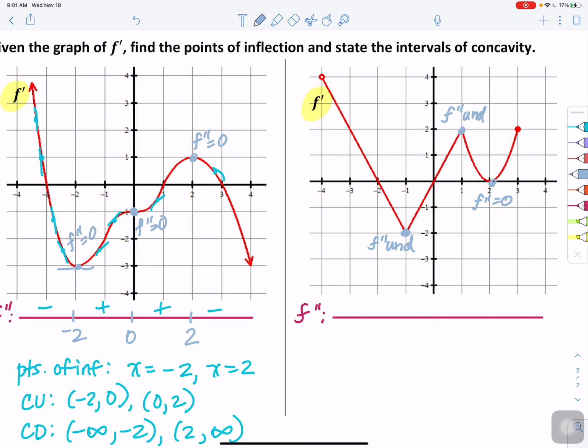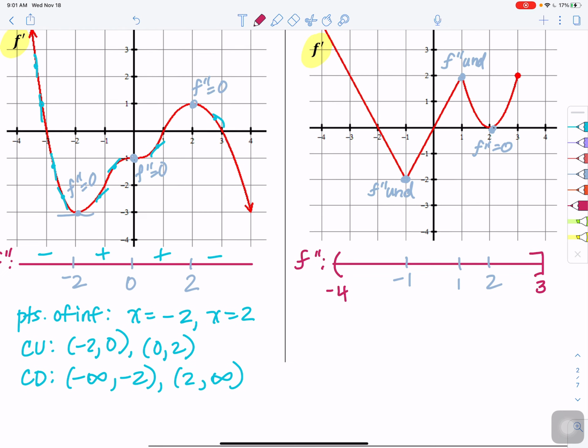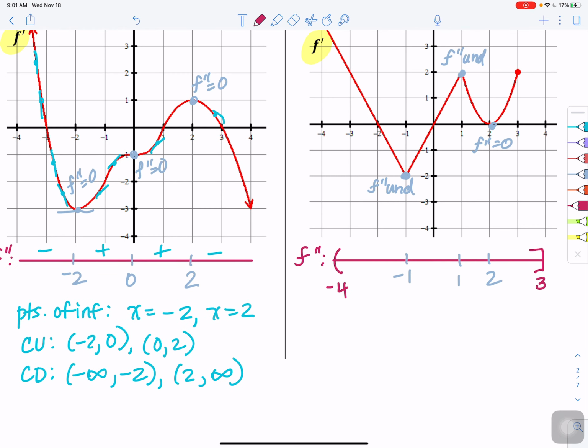Let's get those right on our chart. I see a -1, a 1, and a 2. Now this has an open interval at -4 and a closed interval at 3. So when we give our intervals and points, we need to make sure we are locked in there.